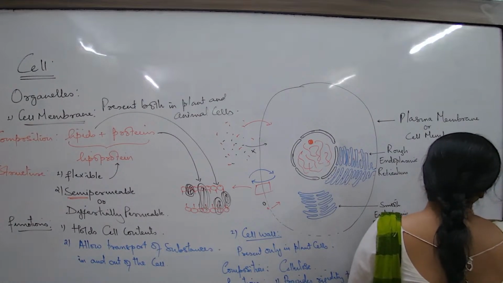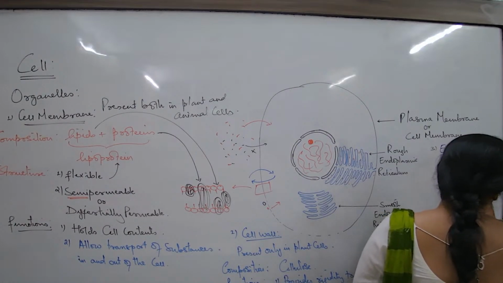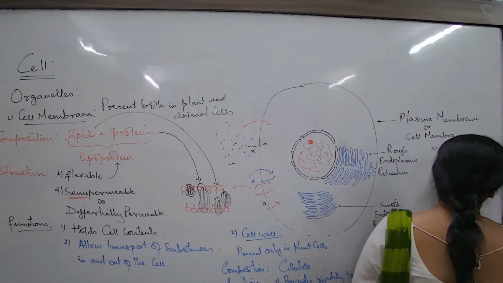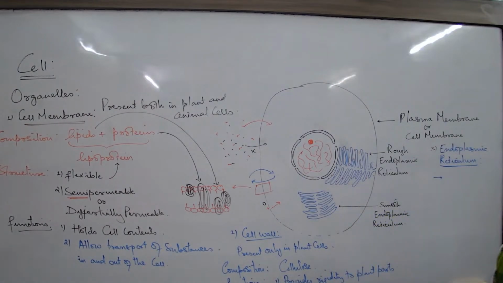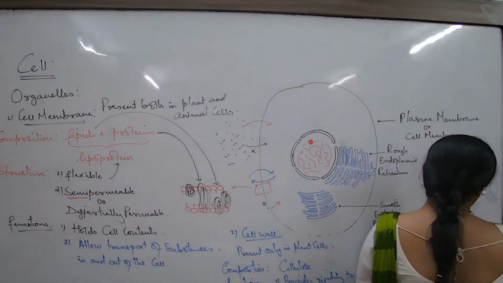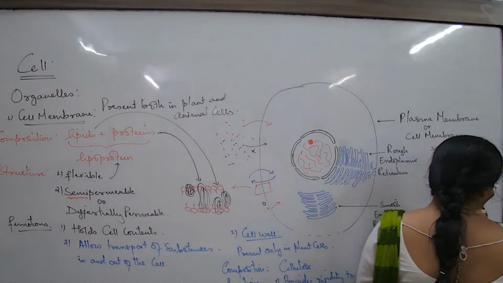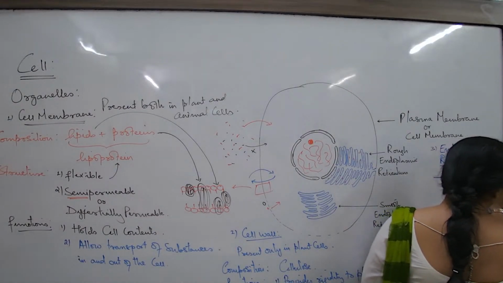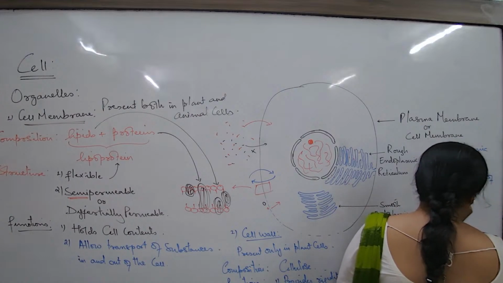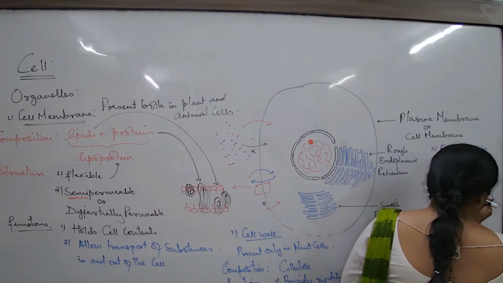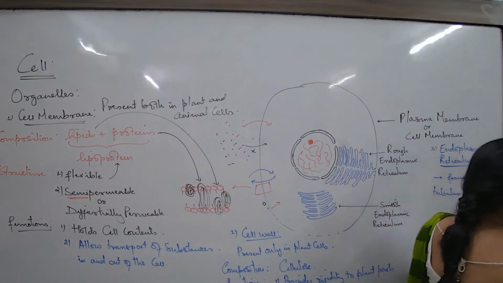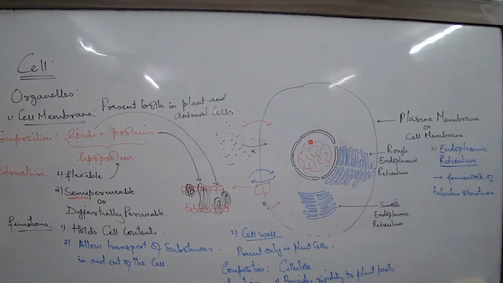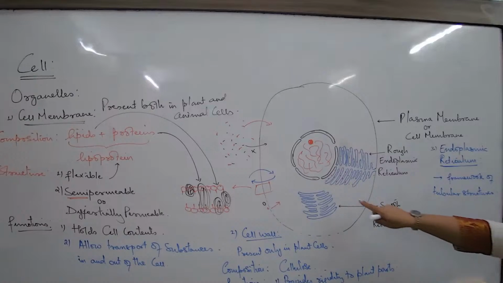Now this endoplasmic reticulum has got a system of tubular structures. This entire endoplasmic reticulum is a network, a framework of tubular structures. From where to where?